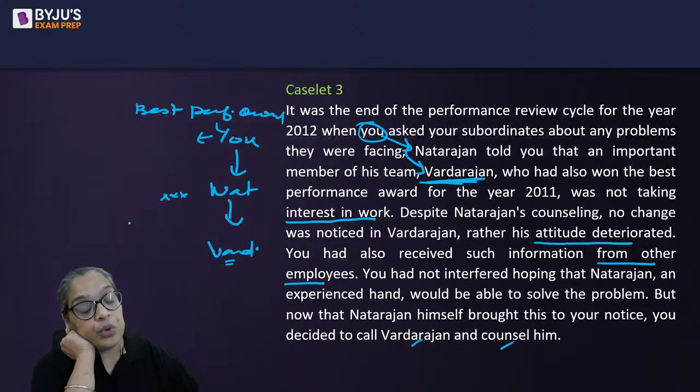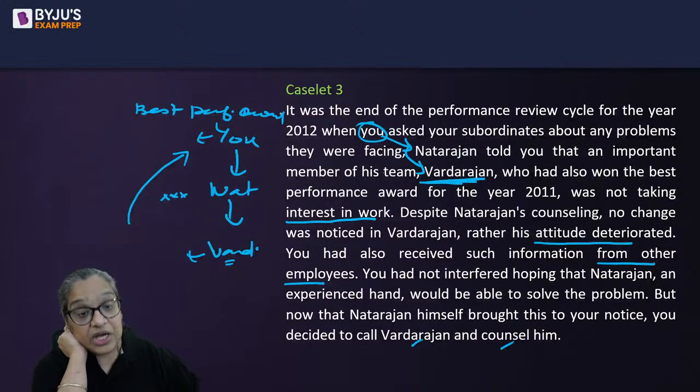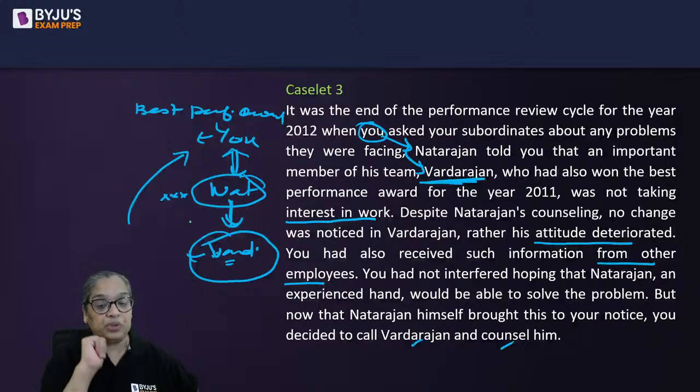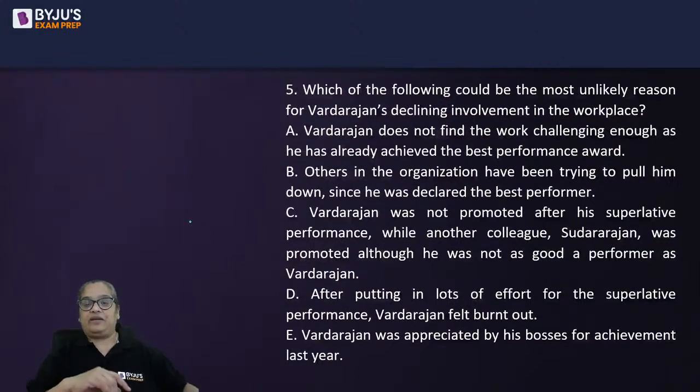You are the skip level manager, so you were hoping that Natarajan would counsel Vardarajan about his performance. But now that your immediate subordinate has told you this is the problem, you decided to take direct interest in the matter and act. Right.